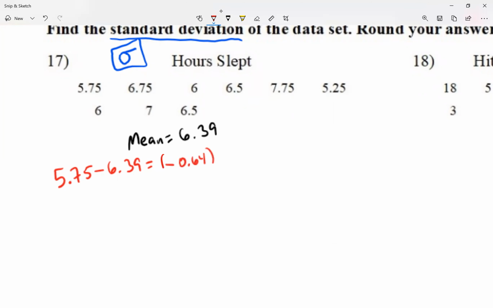Let me square this. Funny thing is once I squared, everything becomes positive. So this becomes 0.4096. Okay, that's the first number. Let me do the next number. 6.75 minus the mean.